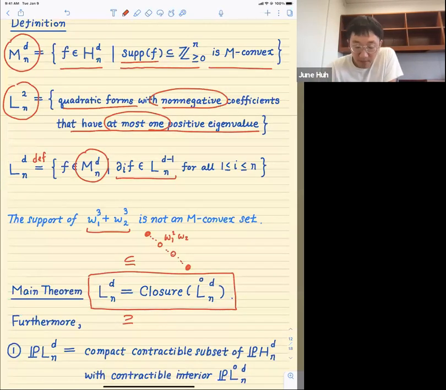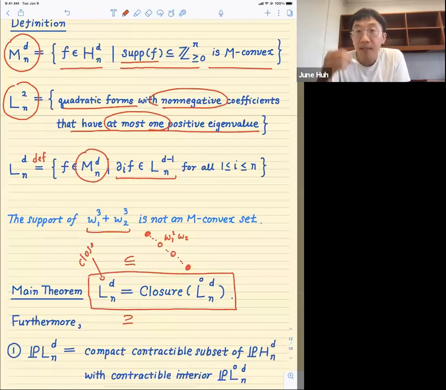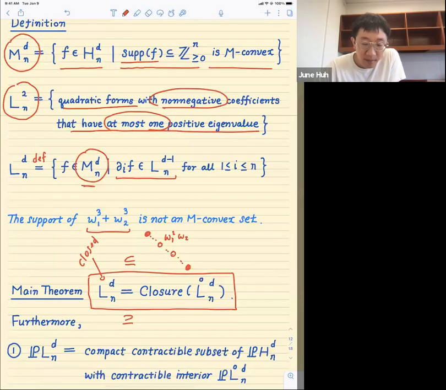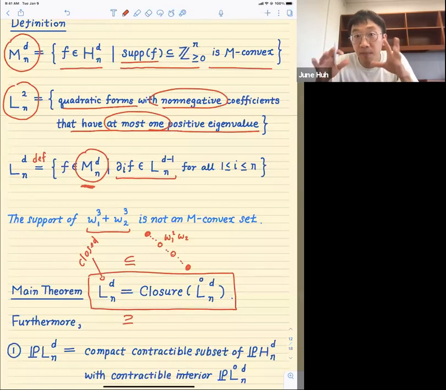So this in particular tells you that L^d_n is a closed subset of H^d_n. And if you think about it, it's kind of crazy, because not being in M^d_n is not really a closed condition. But when it interacts with the signature condition, it somehow miraculously becomes a closed condition.